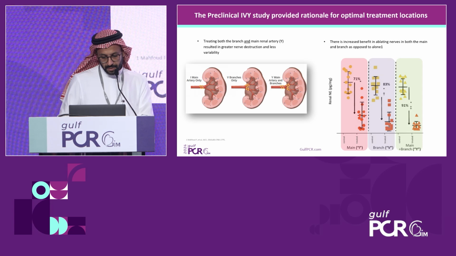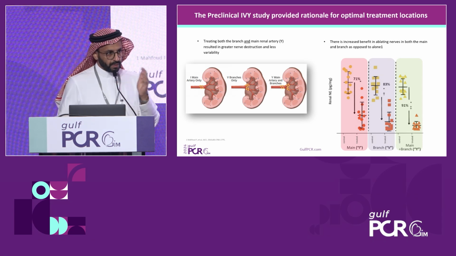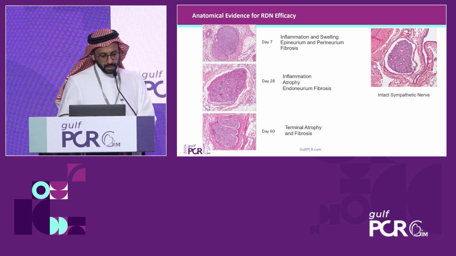As shown in this combined treatment, when you treat the main and the sub-branches, the effect on denervation is higher. It was studied in pigs, and you can see the atrophy of the renal nerves at day 60 when you ablate them effectively through the catheters.